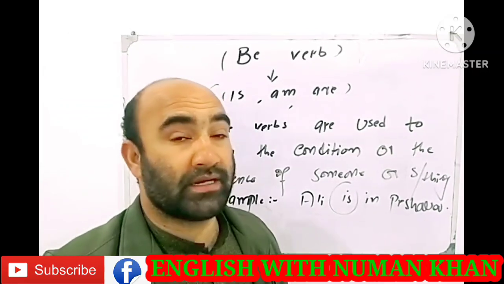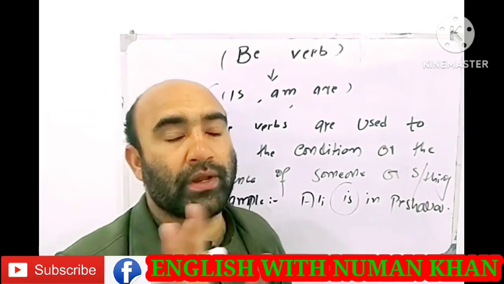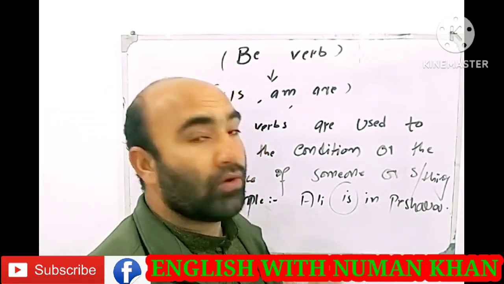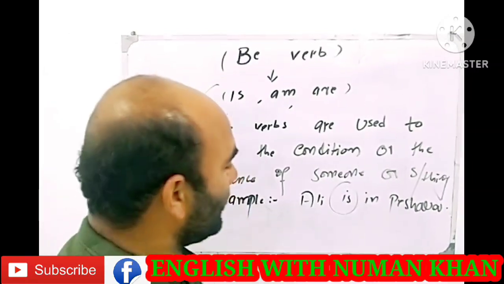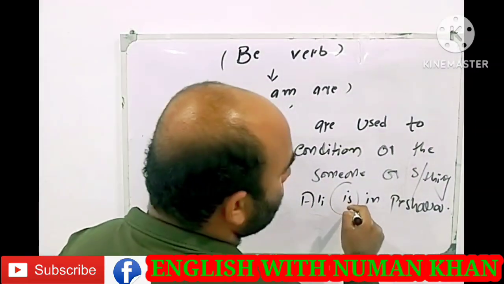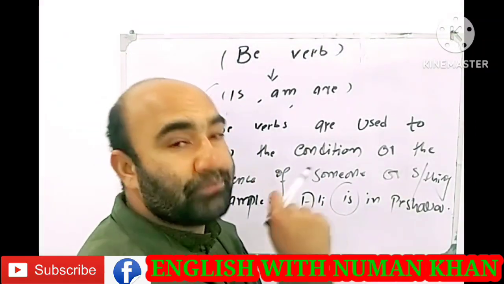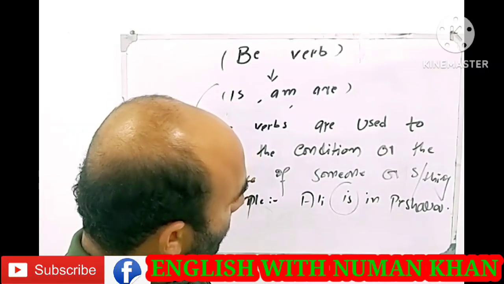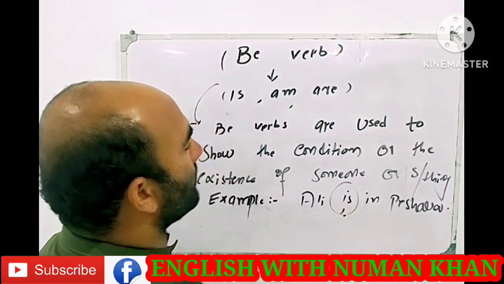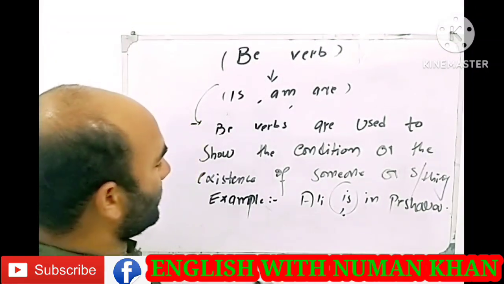Yes, of course, but the action must be there. But here we are not talking about any action. We are talking only about the existence or the condition of someone or something. So here it shows the existence of Ali. Ali is in Peshawar. Ali Peshawar mein hai. And this is the main verb here.